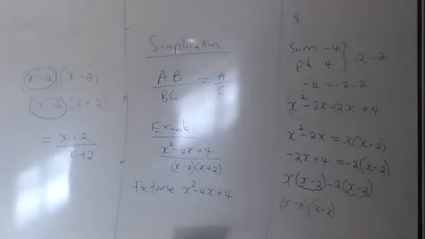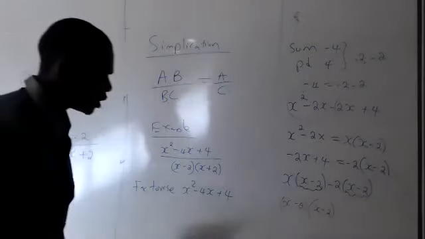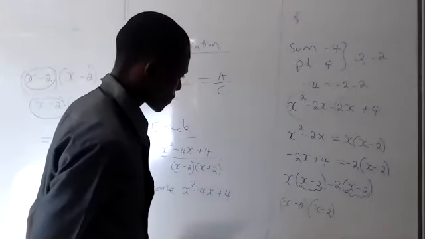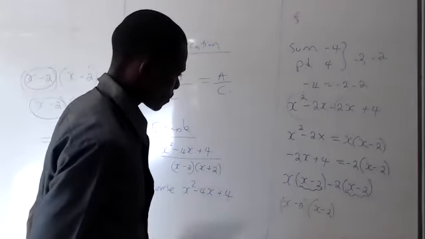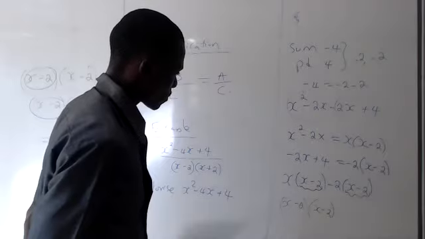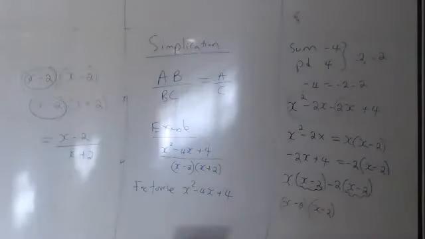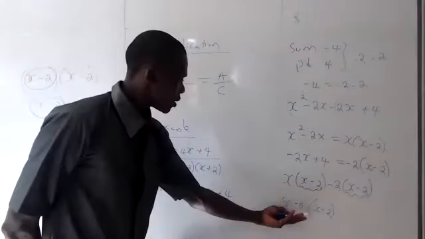So you're saying x minus 2 goes into the first expression, you'll be left with x. Final expression will be? Pardon? Just go over this part right here. I don't think I understand what you're saying. Just go over the factorizing part right here. This one?